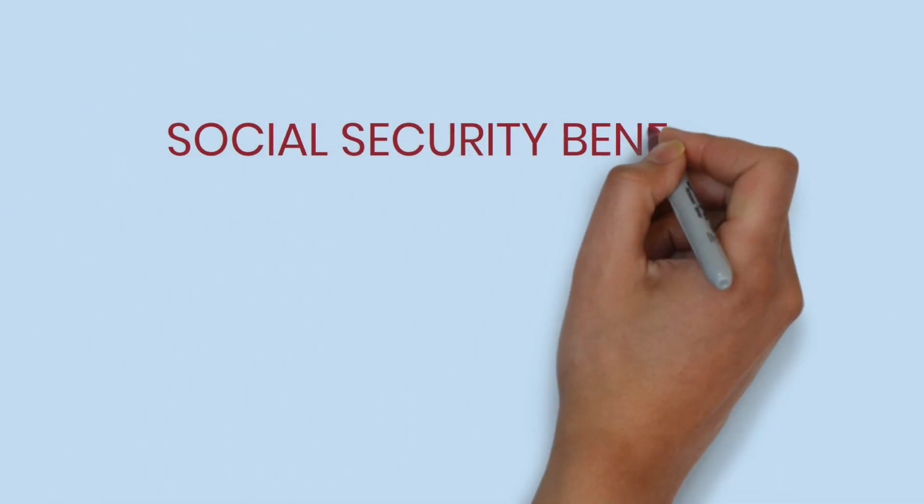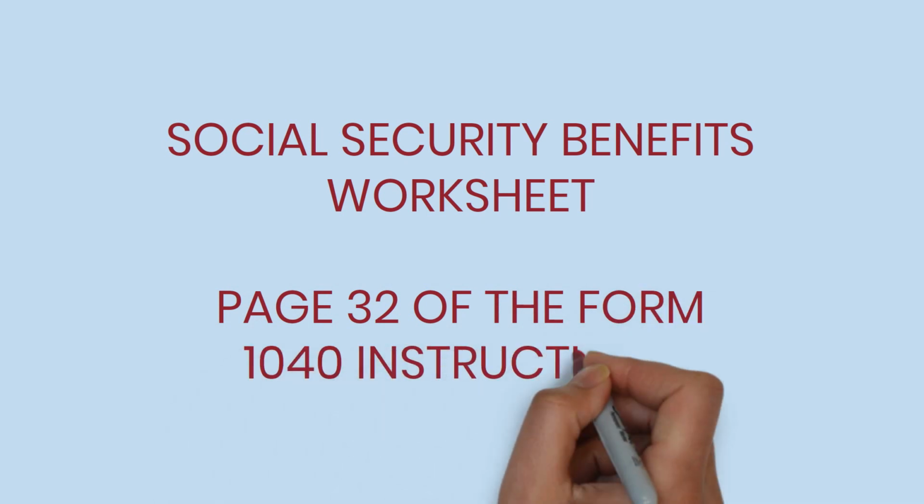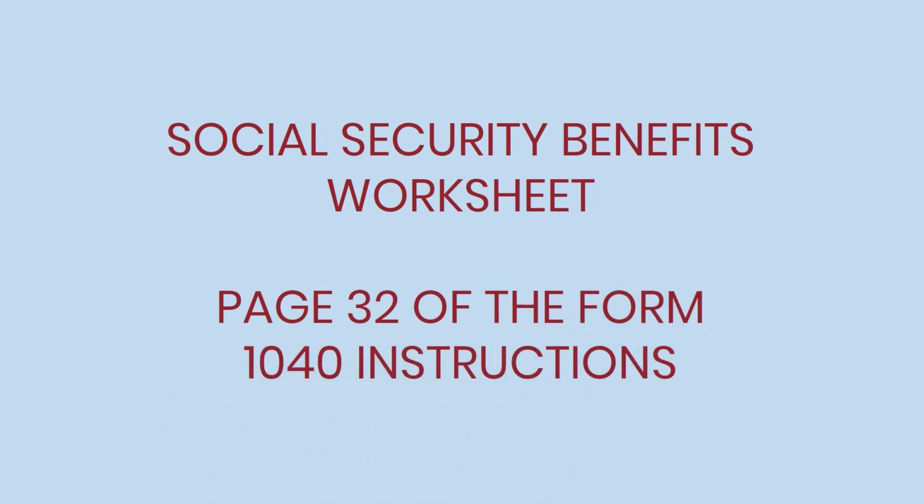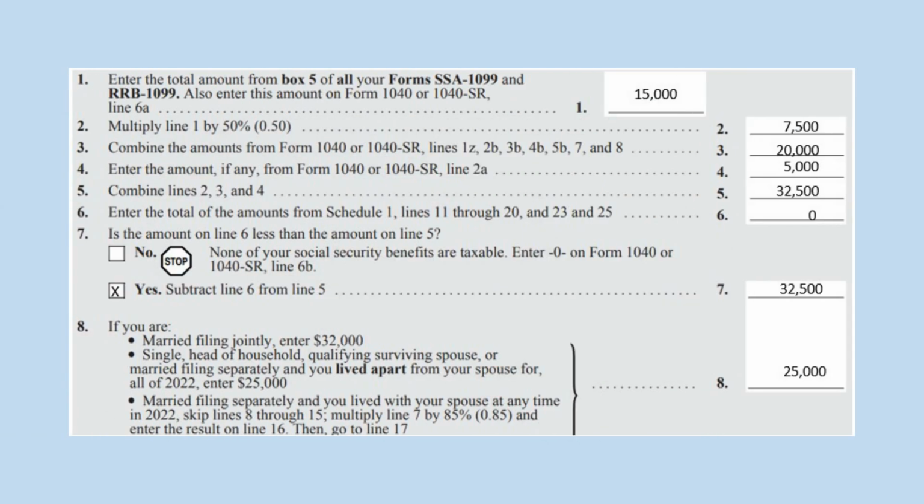To determine how much, we will use the Social Security Benefits Worksheet found on page 32 of the Form 1040 instructions. On line 1, enter the amount from Box 5 of your Form SSA 1099. In our example, it is $15,000. Multiply that by 50% to arrive at $7,500 on line 2.